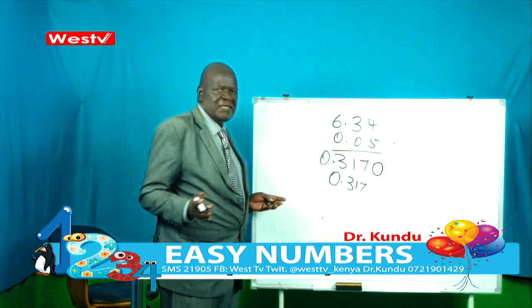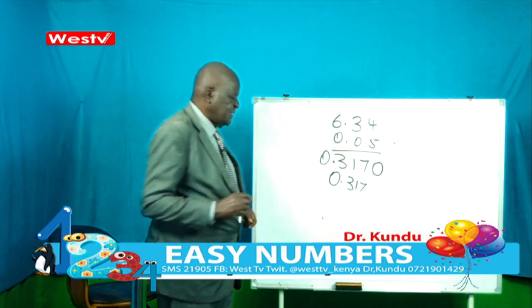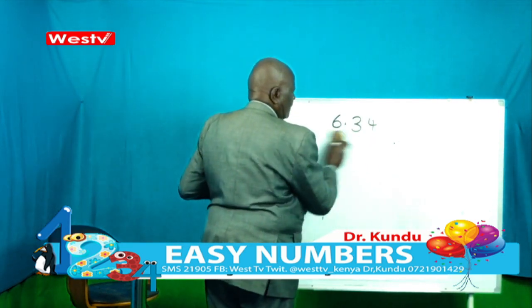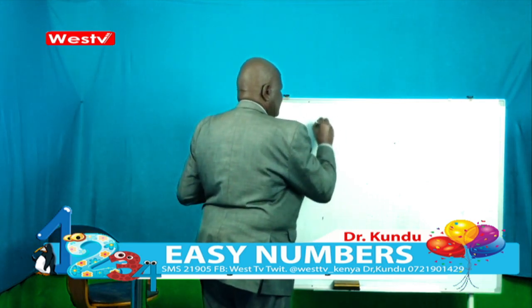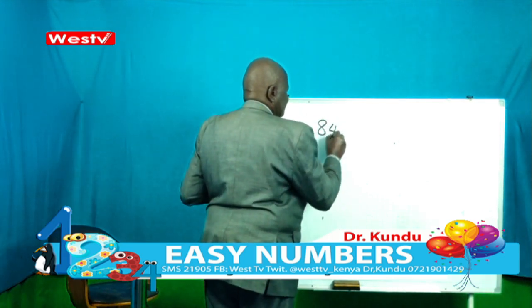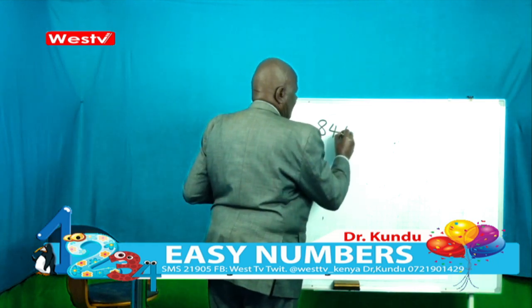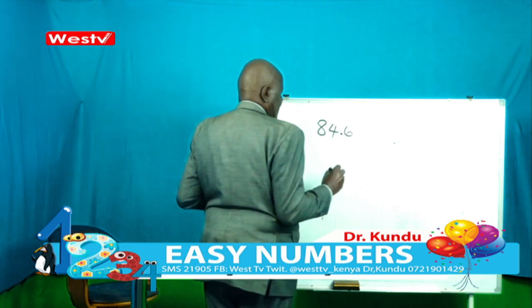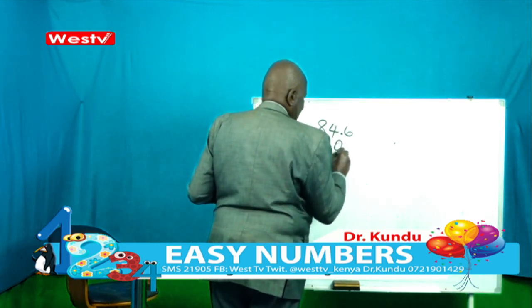You see how easy these things become. Let me give you another example. 84.6, we want to multiply that by 0.05.